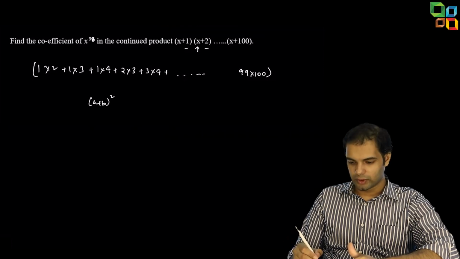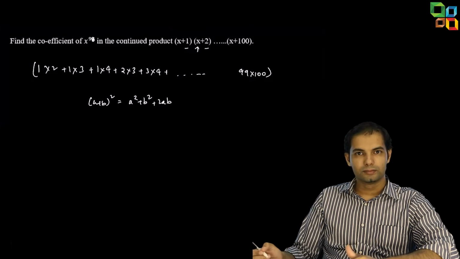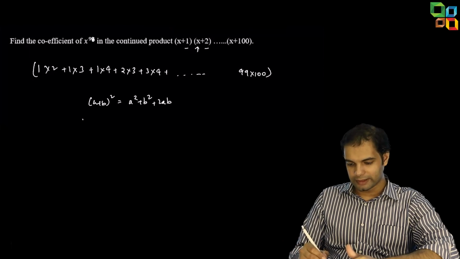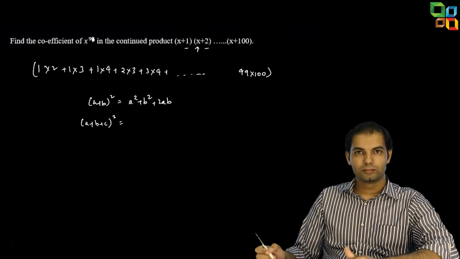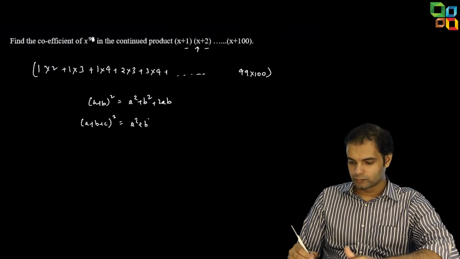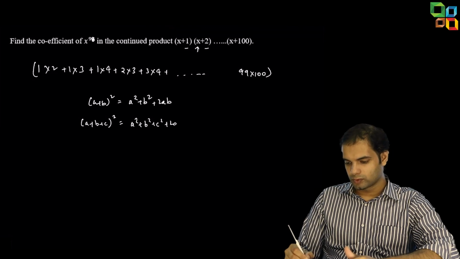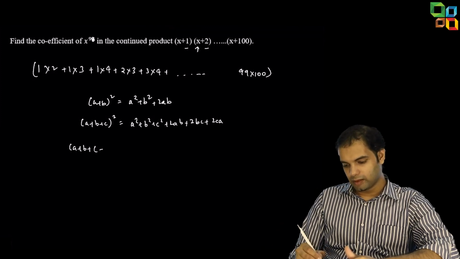This is a square plus b square plus 2ab. Fine. So what is a plus b plus c whole square? Can anyone tell me? A square plus b square plus c square plus 2ab plus 2bc plus 2ca. Okay. What about a plus b plus c plus d whole square?